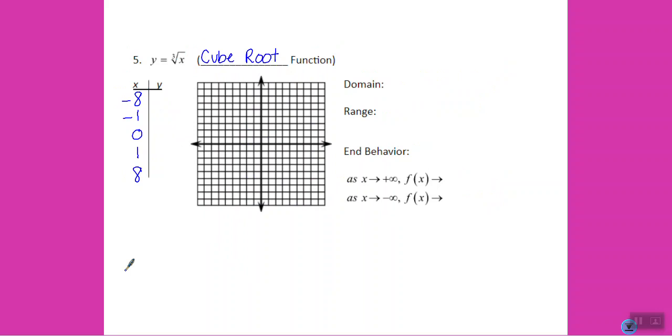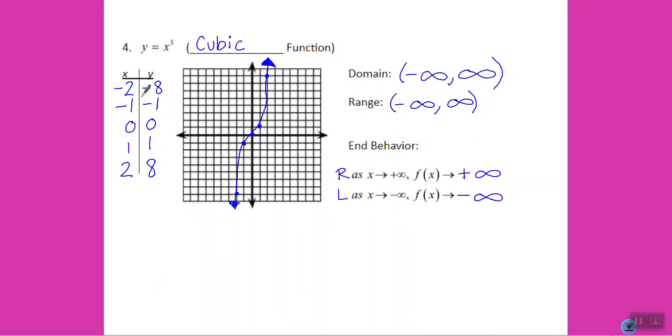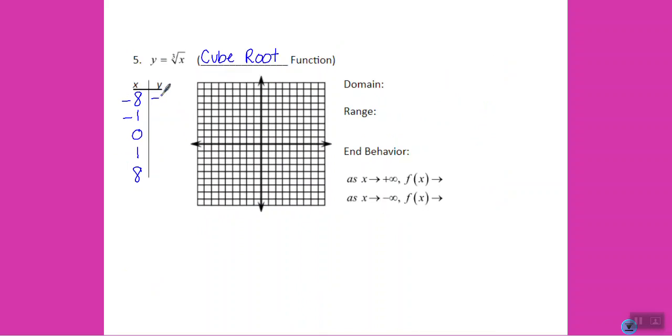The cube root of these numbers are the x's that we started with in the cubic function. So -2, -1, 0, 1, and 2. So let's plot these. -8, -2, -1, -1, 0, 0, 1, 1, and 8, 2.